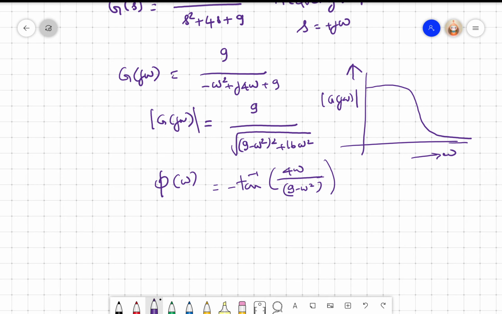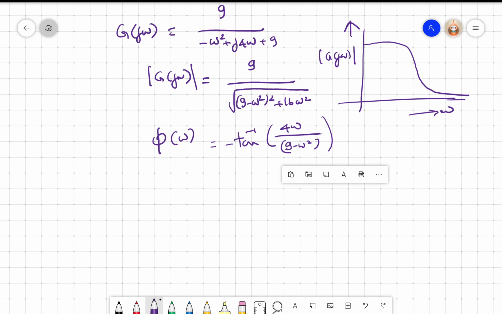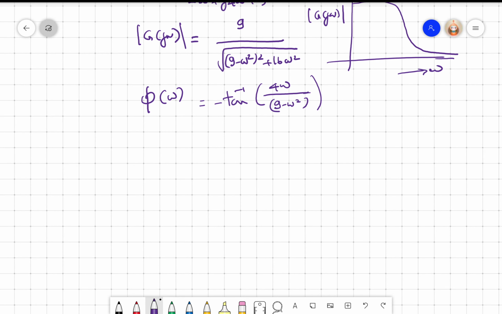The moment we obtain the transfer function of a transducer, immediately we can do a lot of things. We can look at how the transducer is going to behave for a particular setup, right?